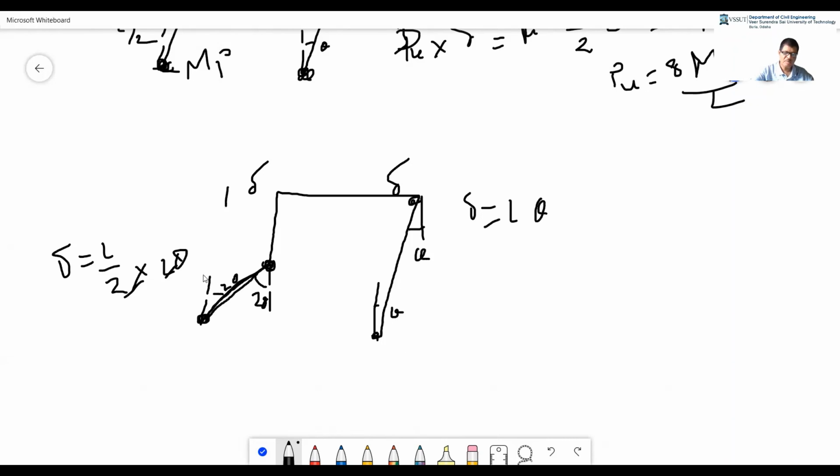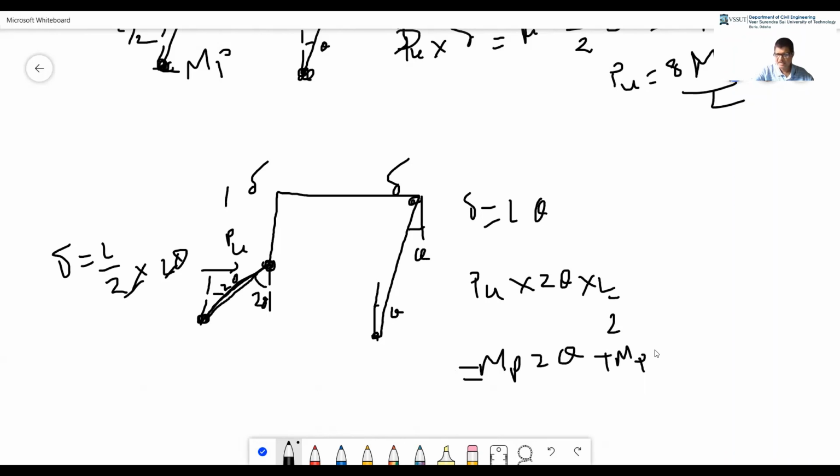Now what will be the force here? This Pu. Okay, now what is the work done? Pu into 2 theta into L by 2. That will be equal to Mp into 2 theta, Mp into 2 theta, and then plus Mp into theta plus Mp into theta.